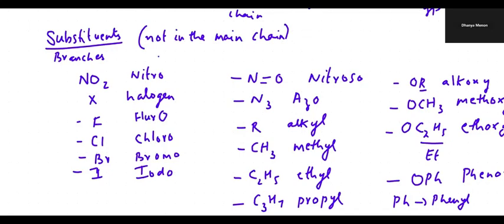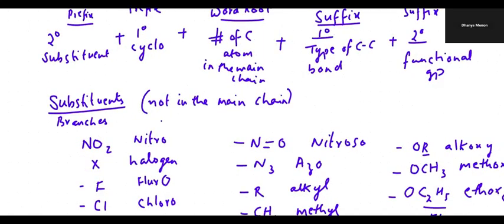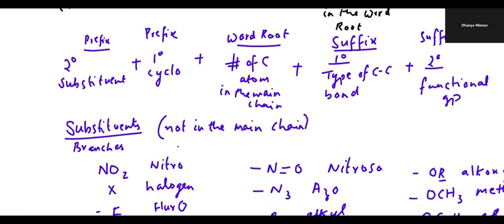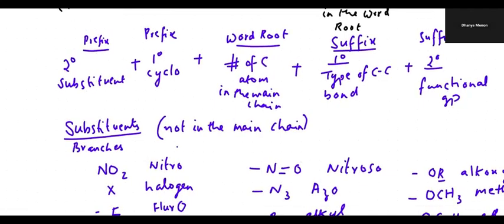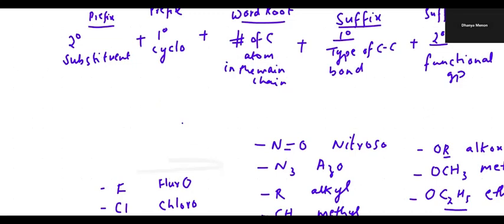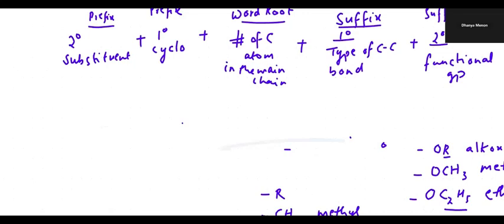Okay. The next prefix is cyclo. We will mention it in the next video, but the next thing we are going to do is the word root. Once you get an idea how to name it, then everything will be good. Okay.